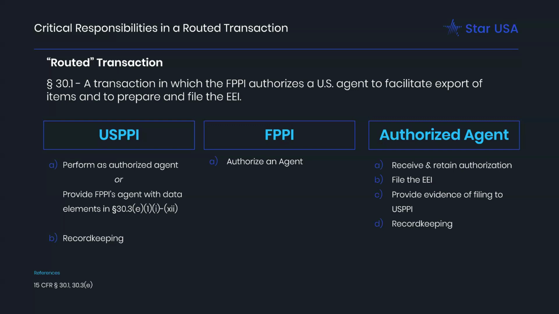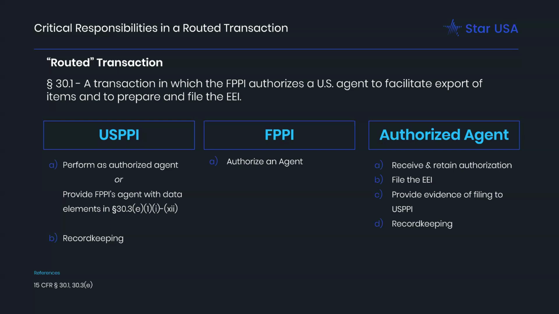In a routed transaction, the FPPI is responsible for authorizing the agent. So they have that responsibility of providing that written authorization, whether as a power of attorney or some other form that states that that agent is authorized to prepare and file the EEI on behalf of the FPPI. The authorized agent is therefore responsible for receiving and retaining that authorization from the FPPI.